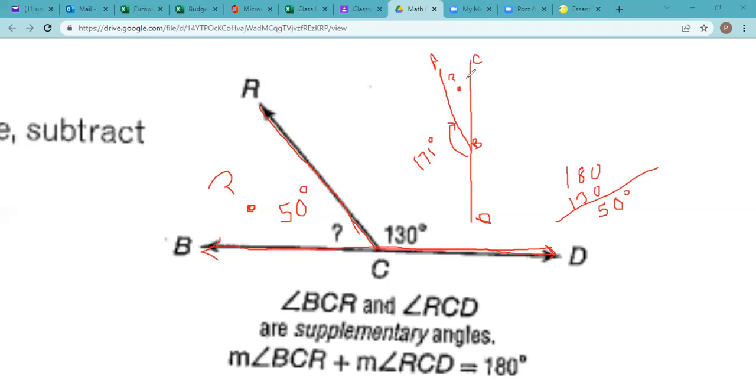Let's go ahead and try to find angle ABC. So we take 180 degrees because this is a straight line. It is supplementary. We subtract what we do know, which is 171 degrees. And so once you subtract that, you will find out that angle ABC is 9 degrees. So the sum of both angles would be 180 degrees.